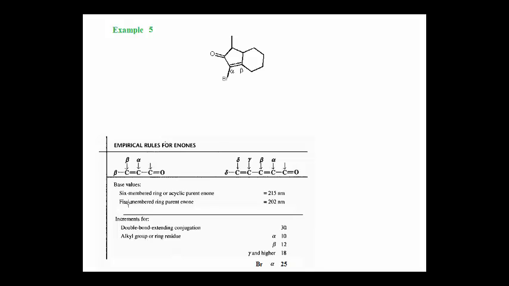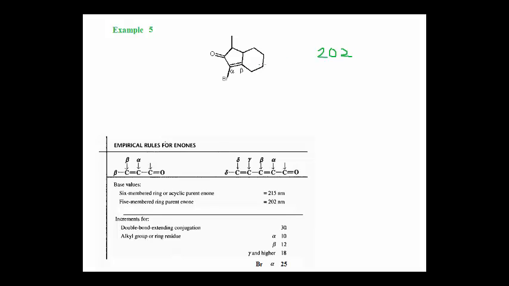It is a 5-membered ring system. That is, the enone is part of a 5-membered ring, and the base value, the starting value, is 202 nanometers.